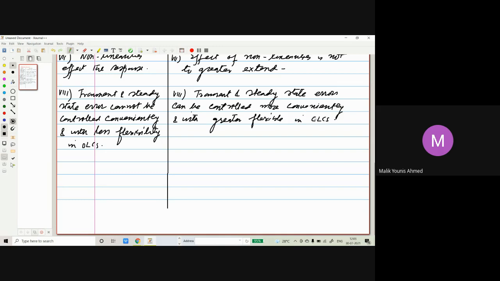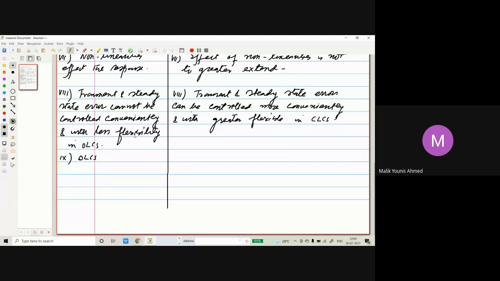The ninth is open loop control systems do not work effectively when unpredictable disturbance and or unpredictable variation in the system components are present.